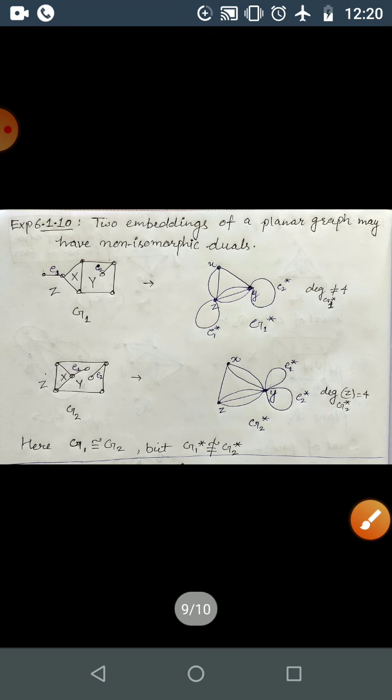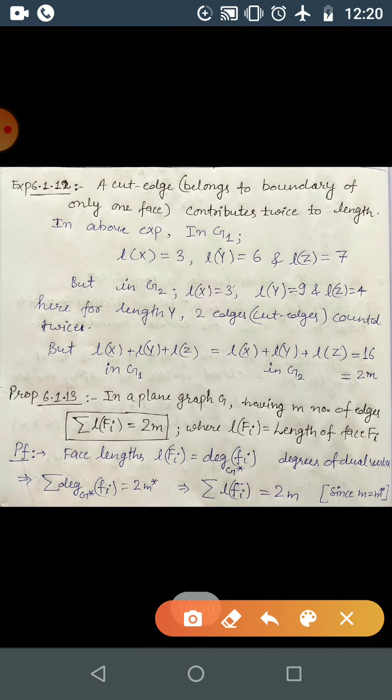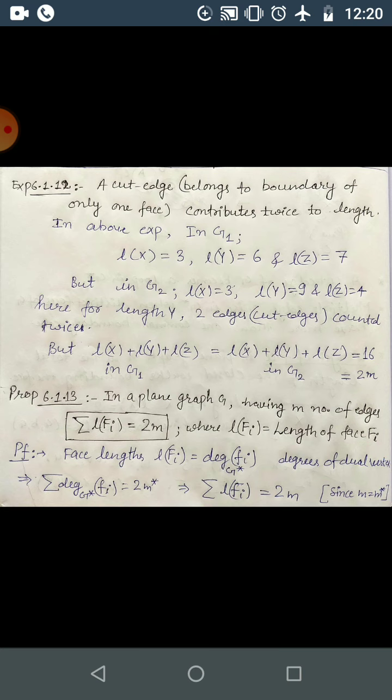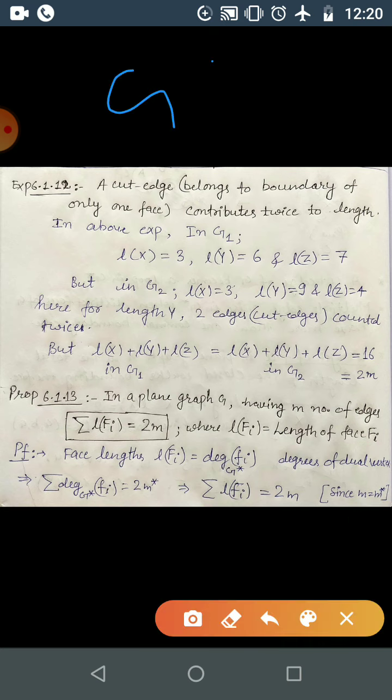So the face length L of fi in G equals the degree of the corresponding vertex, small fi, in G star, that is, the degree of the dual vertex. So face lengths are the degrees of the dual vertices.